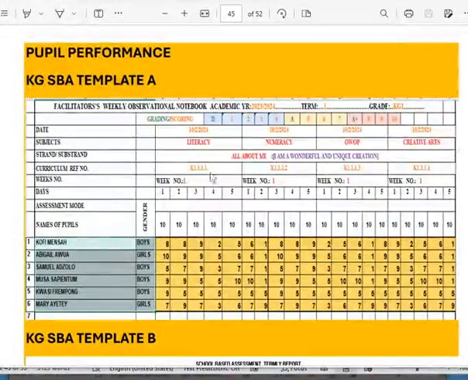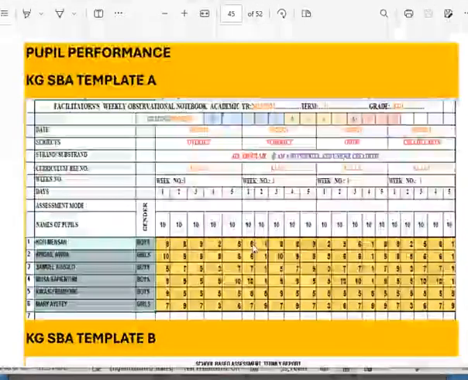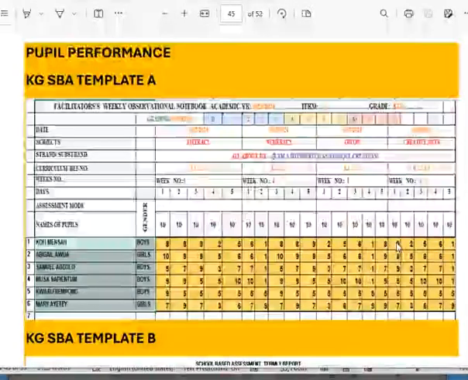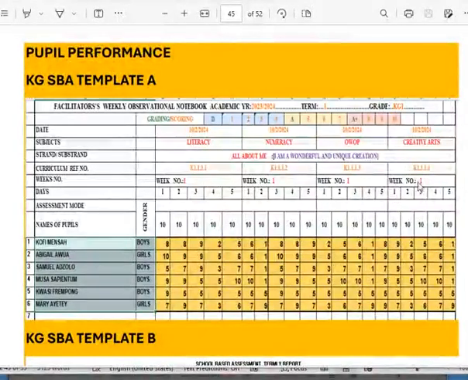Kofi Mensah under literacy, and then under the substrand, he scored 8. That's Monday. So on the same Monday for numeracy, Kofi Mensah had 6. Then in OWOP, Kofi Mensah on day 1, which is Monday, out of 10 had 2. Then the creative arts, Kofi Mensah had, that's Monday day 1, the same week, 9.